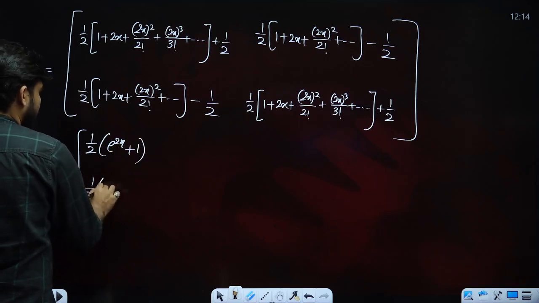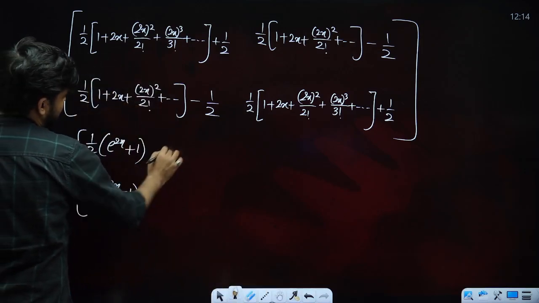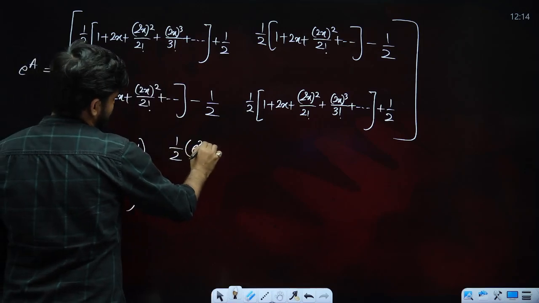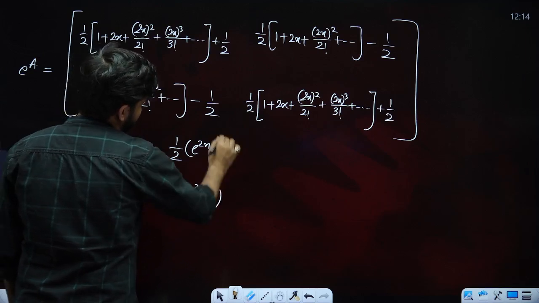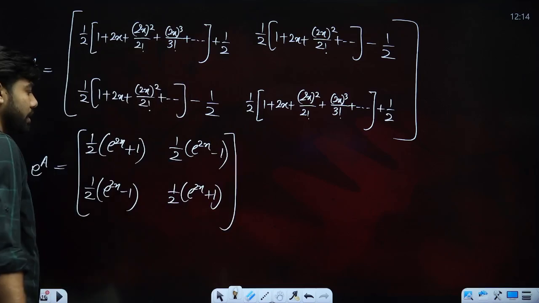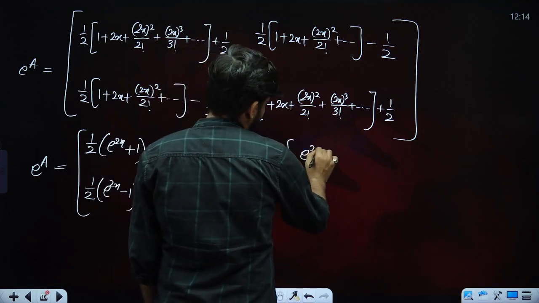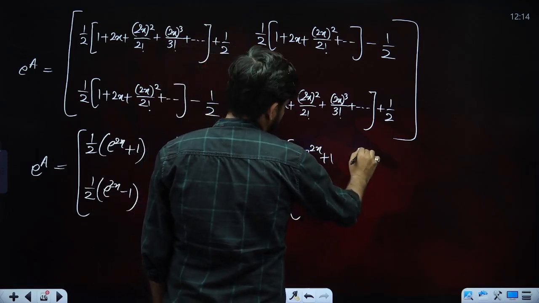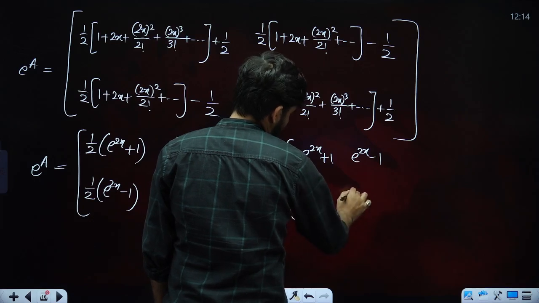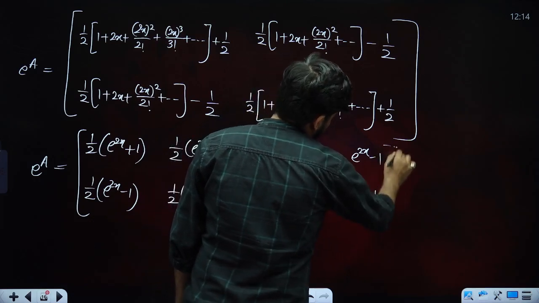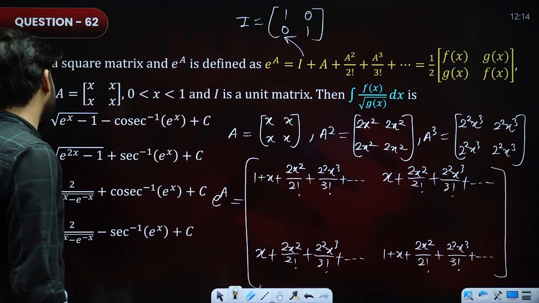Similarly here we can write 1 by 2 times e raised to 2x minus 1. So that's how we can take 1 by 2 common. We get e raised to 2x plus 1, e raised to 2x minus 1, e raised to 2x minus 1, and e raised to 2x plus 1. So this is the value for e raised to A.